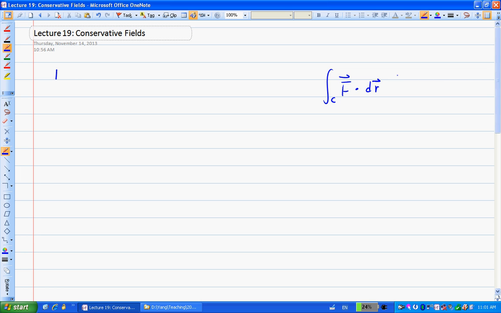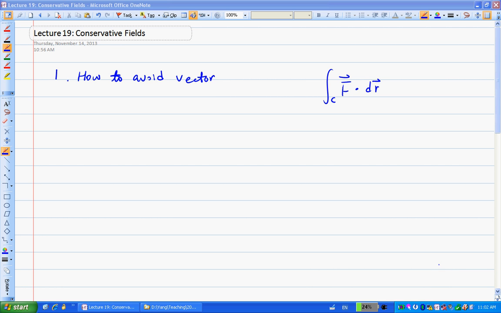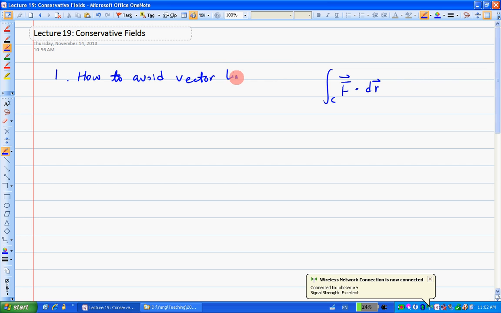So the question is, can we avoid doing this line integral? Under what situation do we not need to carry out this integration? That gives you a shortcut.